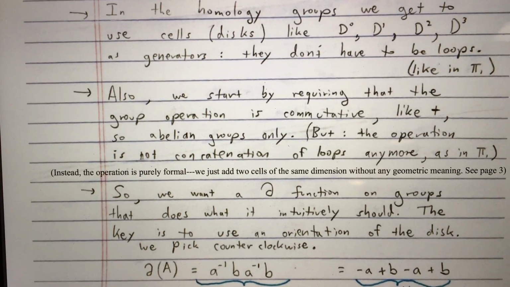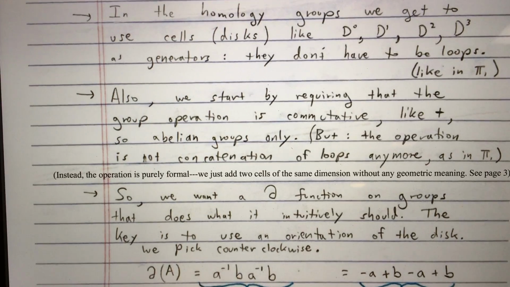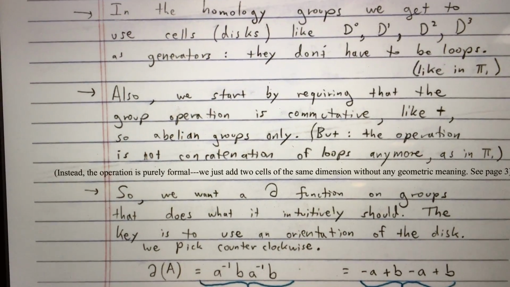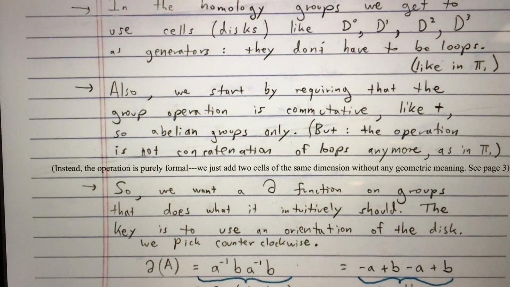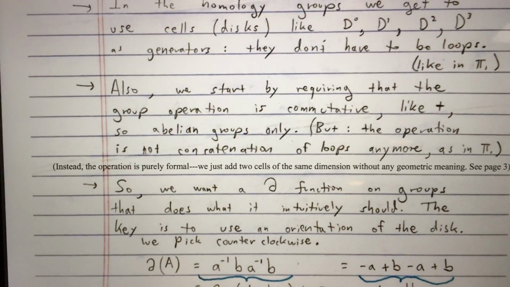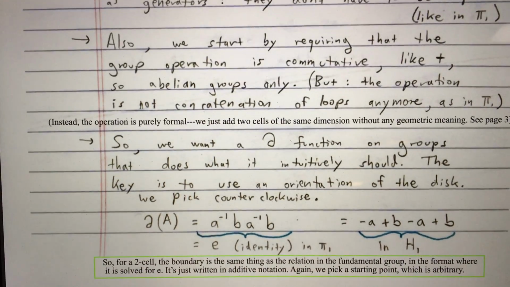But that means we need to make sure that things cancel correctly. The key is to use an orientation. We'll look at the orientation of the D2, the disk, up in the picture above. And we'll pick counterclockwise. We could actually pick either orientation of that disk, but counterclockwise works nicely.